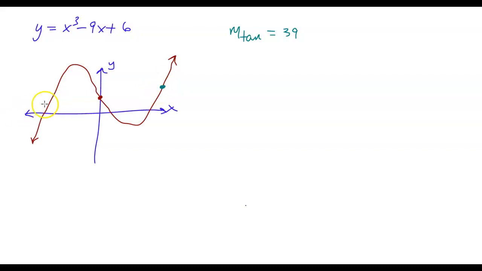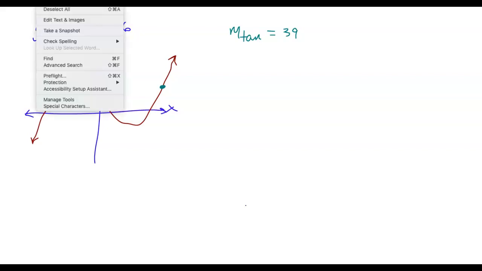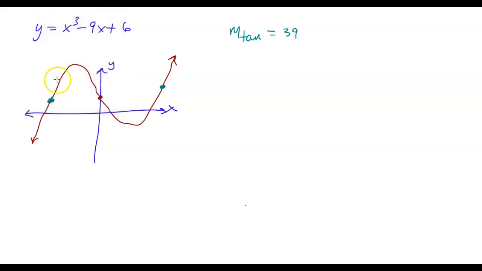I'm not doing this to scale, but if I draw a line through here and a line through here, those two lines are going to be parallel to each other, meaning they have the same slope.